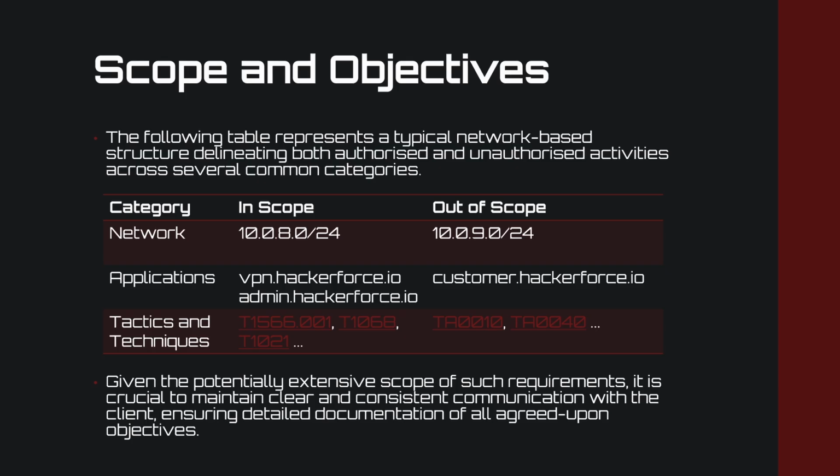As for the tactics and techniques, whilst they're not specifically assets that are in scope, they outline the TTPs which the red team is allowed to conduct and which the red team is prohibited from conducting. So in this case, the T1566.001 technique, which is spear phishing attachment, is permitted.